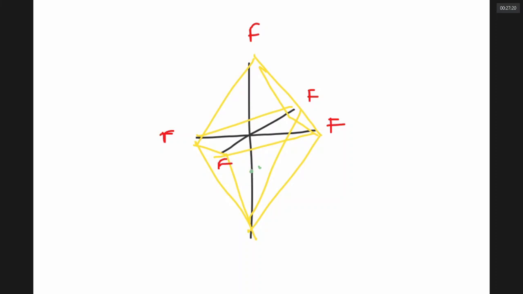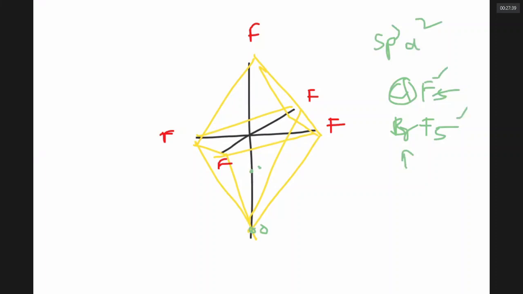The BrF5 and ClF5 are undergoing sp3d2 hybridization, which is octahedral. But there is one lone pair. There are 5 unpaired electrons, so I got 5 bonds. Therefore, this fellow at the bottom, whatever I write, will not contribute anything to shape.